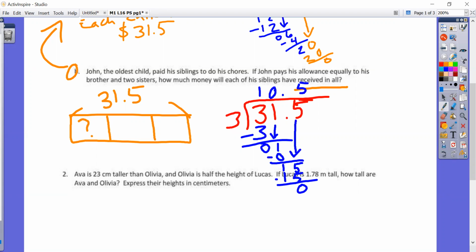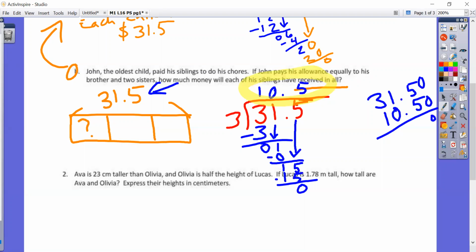So each sibling is going to get an extra $10.50. But we need to check to see what that is on top of the money they already received. So each sibling gets $31.50 already, and we're going to add $10.50 to it.